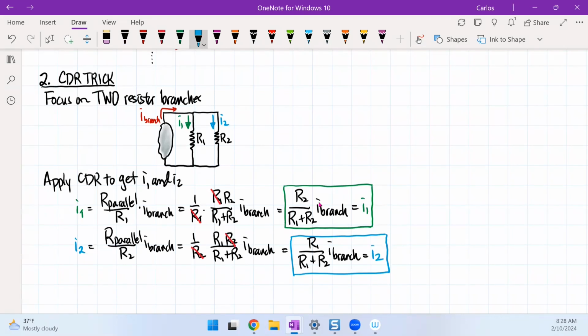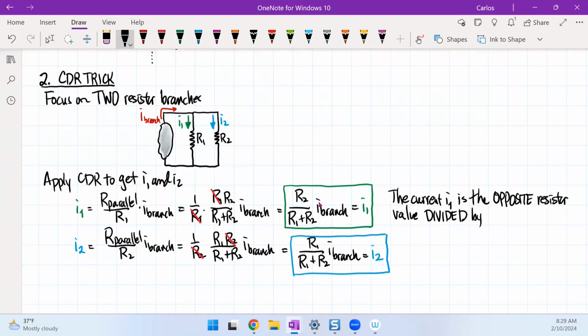Check this out. I could reduce the current divider rule so that it reads like this: as the resistances go, the current I1 is the opposite resistor value divided by the sum of the two resistors.